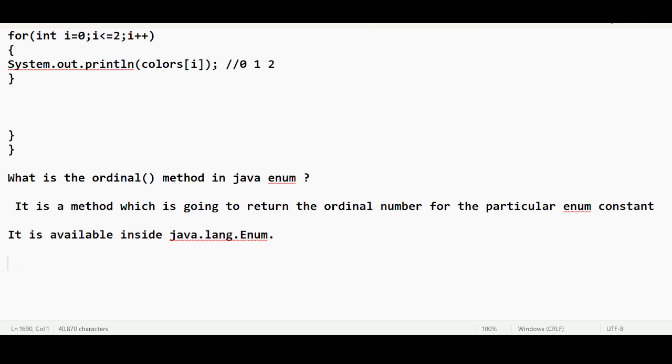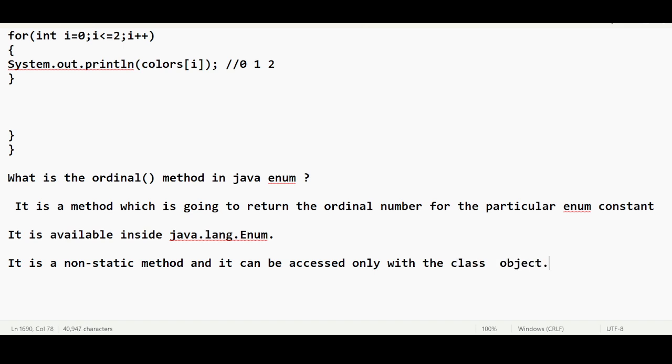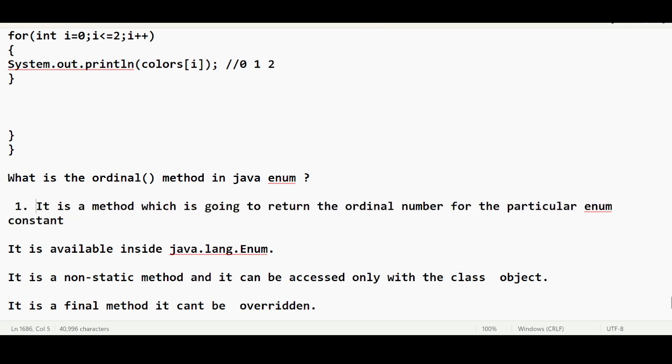Third, it is a non-static method, and it can be accessed only with the class object. It is a final method. It can't be overridden. So these are the properties of the ordinal method.